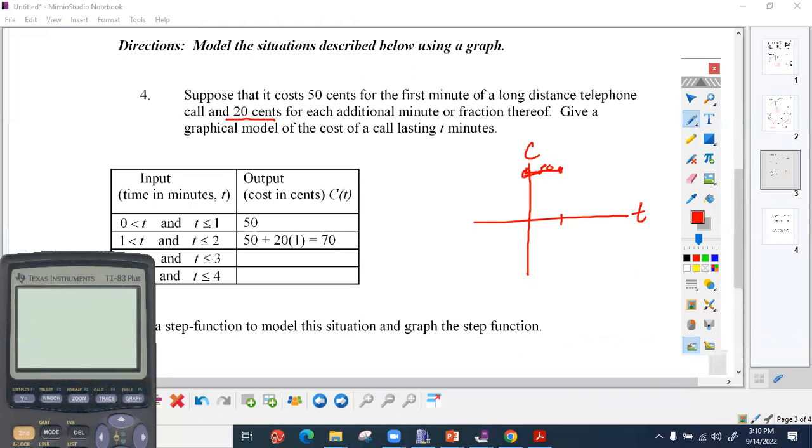And then every extra minute you add on, it's going to charge you 20 cents, right? So if I was to continue this table, you hopefully can continue it without me, right? Yeah, 90. Okay. And now from this table of information, you're going to create the graph and create a piecewise that explains it. Where does it start? Where does it end? What are your values?